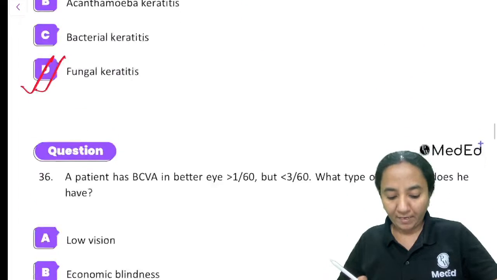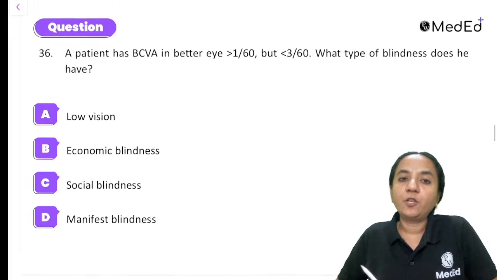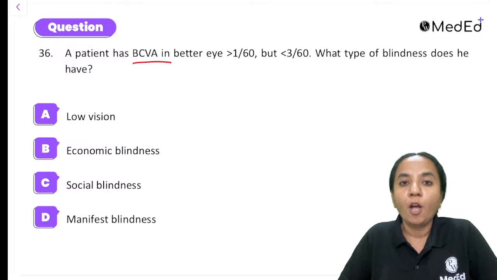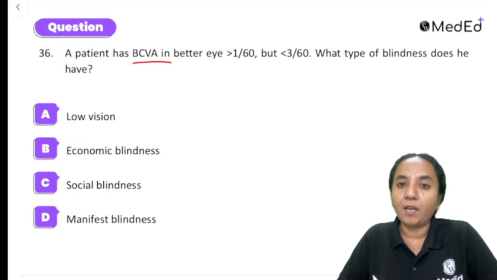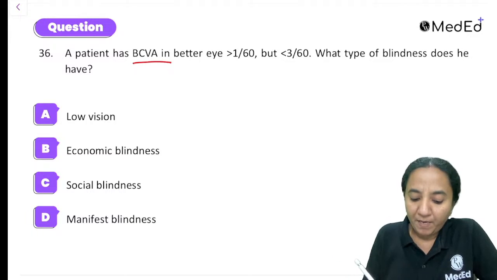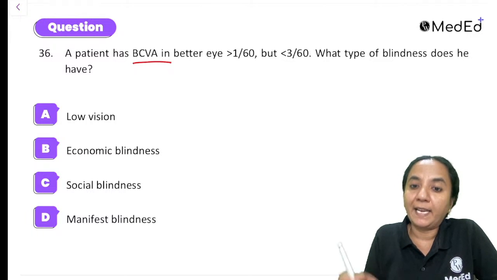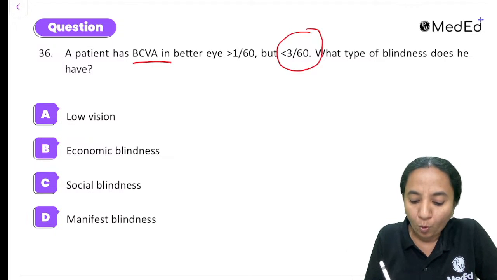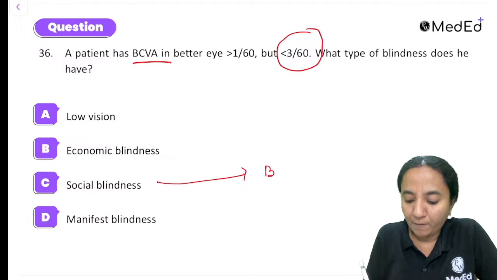Okay? Chalo, next question. A patient presents with BCVA, that is best corrected visual acuity, of more than 1/60 but less than 3/60 in the better eye. So what type of blindness? BCVA in the better eye less than 3/60. That is social blindness. So what is social blindness?